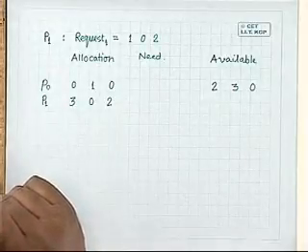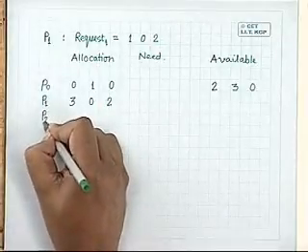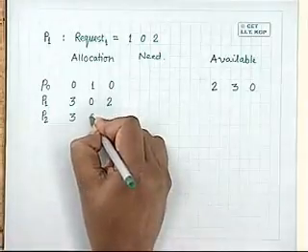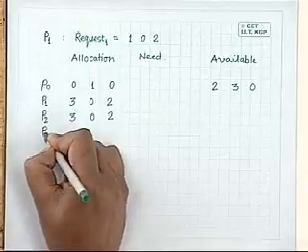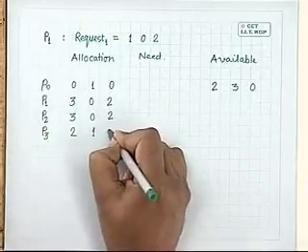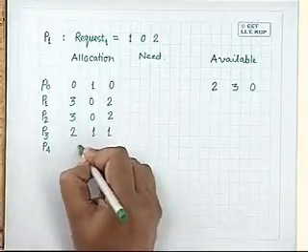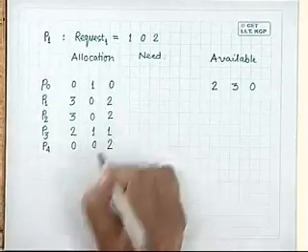For process P2, it will remain the same, 3, 0, 2 as before. For process P3, it will remain the same as before, 2, 1, 1. For process P4, again it will remain as before, 0, 0, 2.